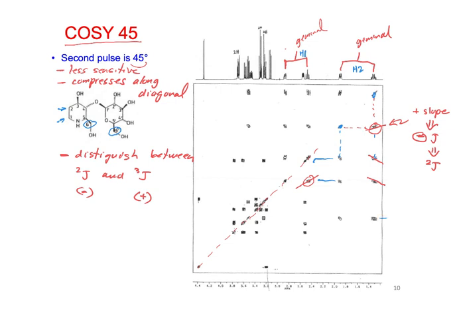And then this down here must be H2 to H3. Right? Because if we go from any of these H2 protons, this off diagonal and this off diagonal are going to H1. So this is H1, H2, H1, H2.